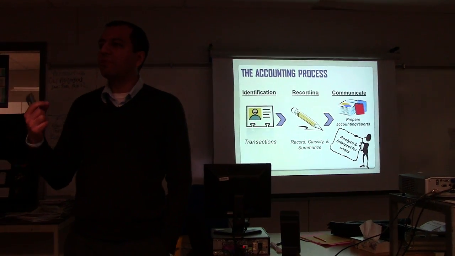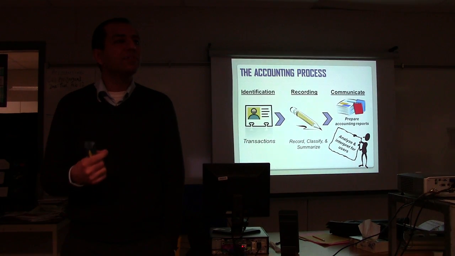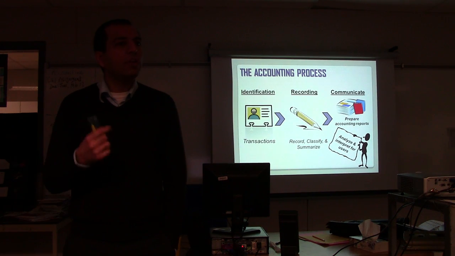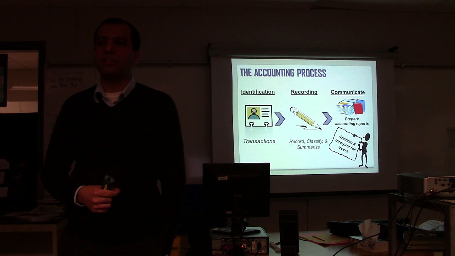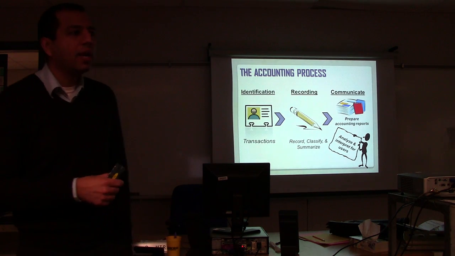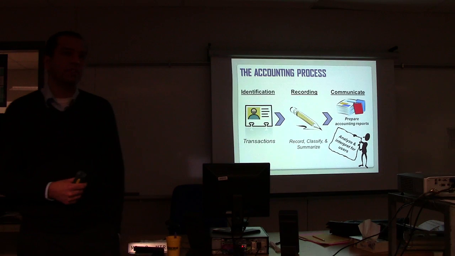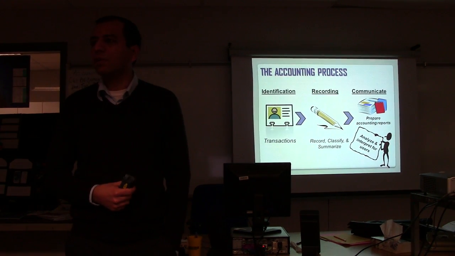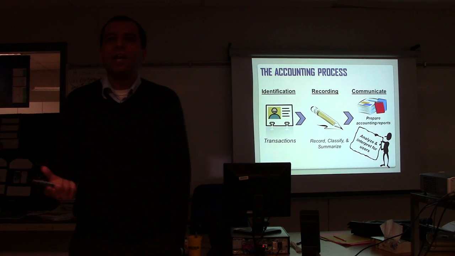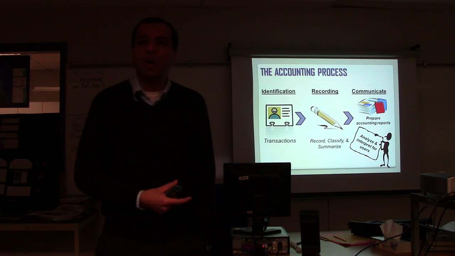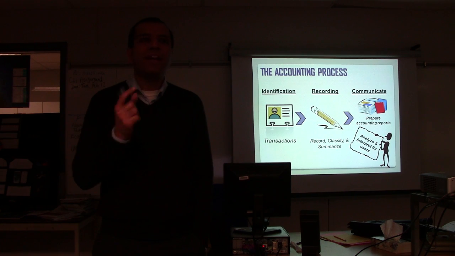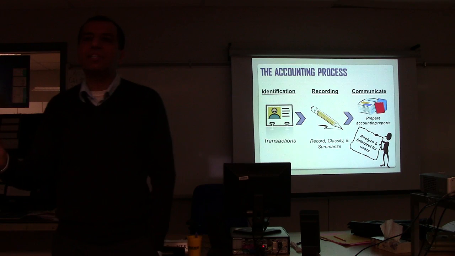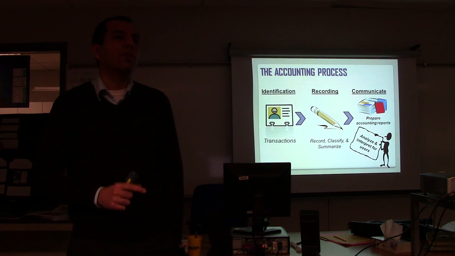First of all, you have to identify if the transaction actually exists. So we only record financial transactions. We do not record non-financial transactions. Example, CEO came into the building at 9 o'clock. We don't record that. We record if he spent $1,000 on something, right? Financial transactions.